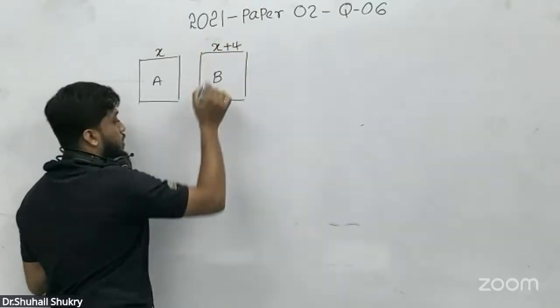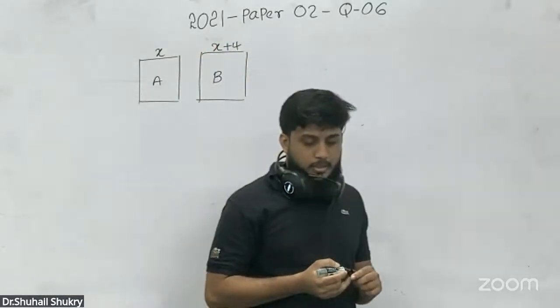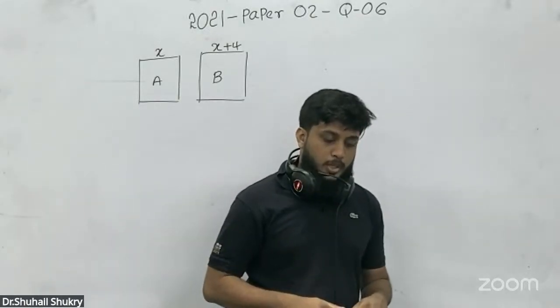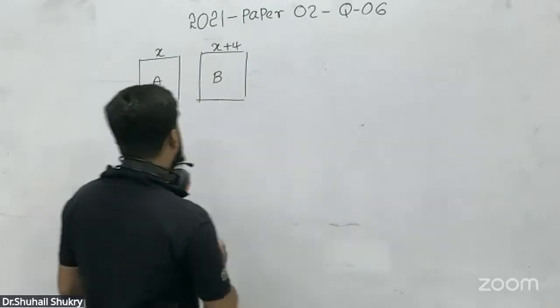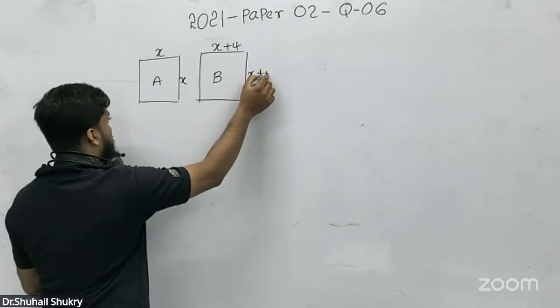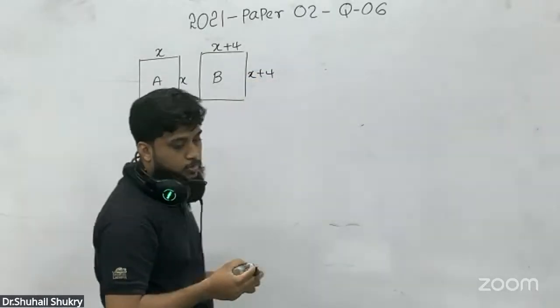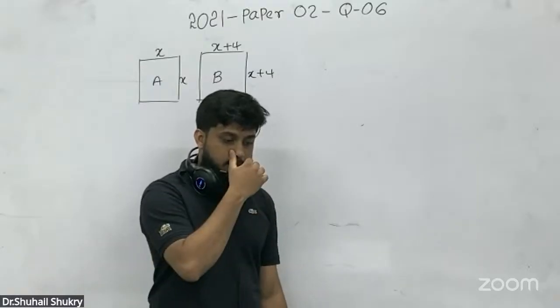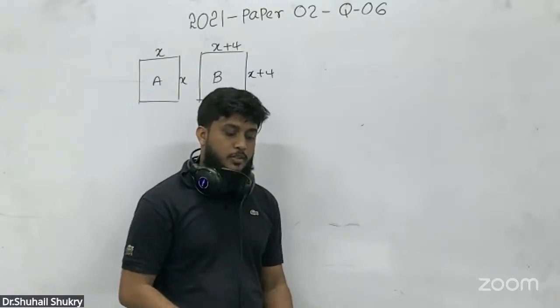The sum of the areas of the two laminas is 88 centimeter squared. This is x, this side also x, so this side will be x plus 4. By taking the length of a side of a lamina as x centimeter, show that x satisfies the quadratic equation.